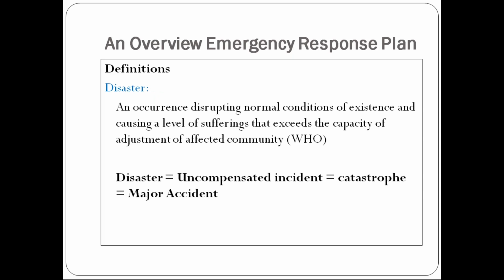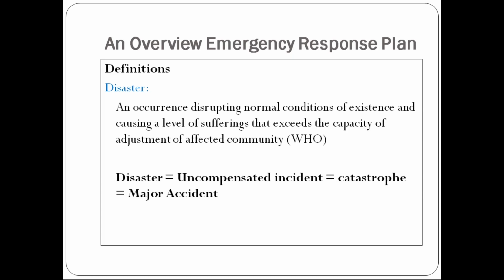This is the definition of disaster. It is the last stage of an undesired or unplanned event. It is an occurrence that has disturbed the normal way of our life, the normal condition of existence, causing a level of suffering that exceeds the capacity of adjustment of the affected communities.